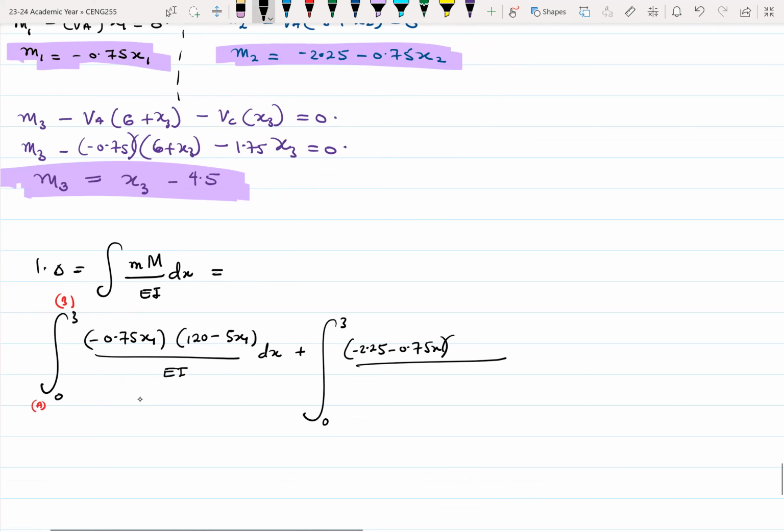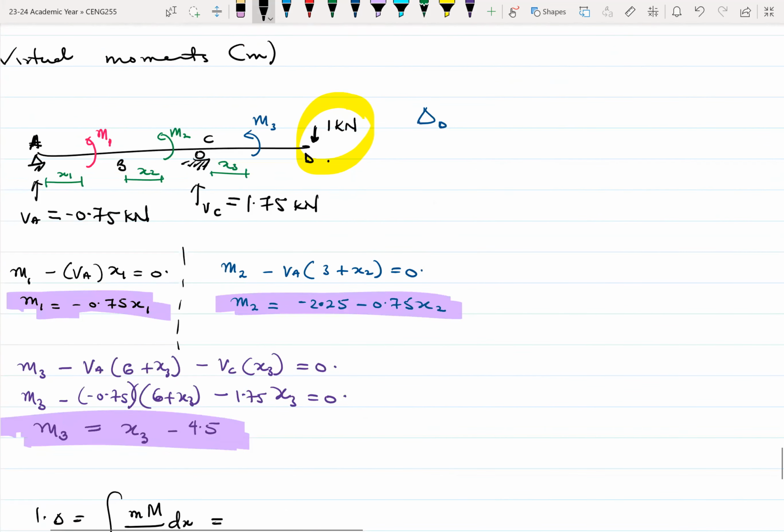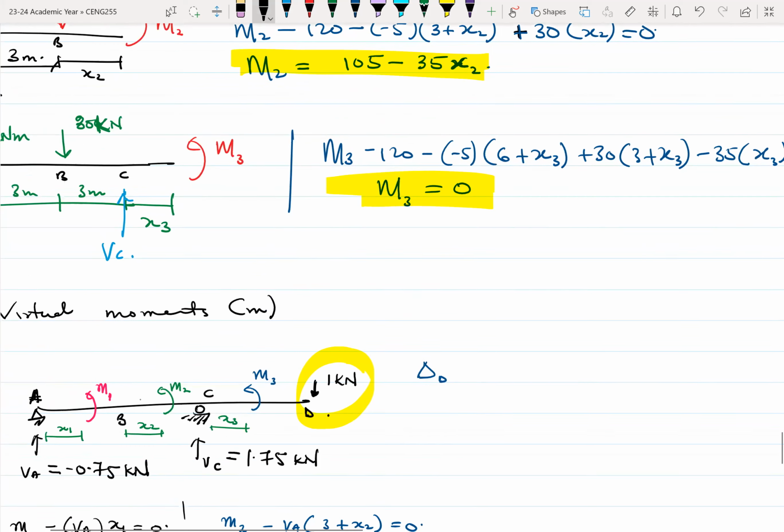All right. Times its corresponding big M2, and that is 150 minus 30, 105 minus, is it 5 of 35?